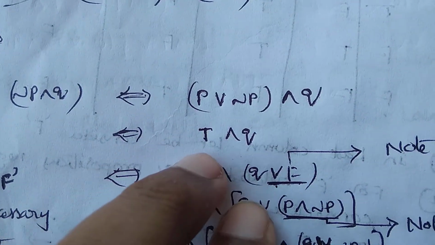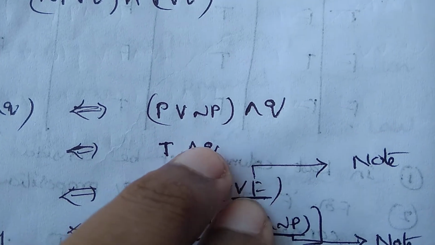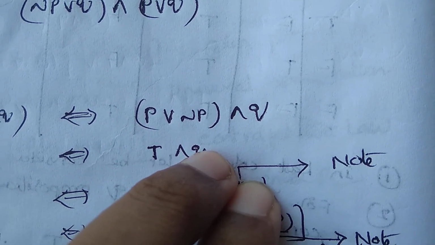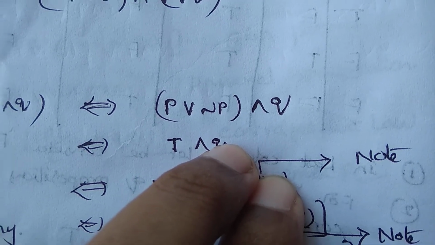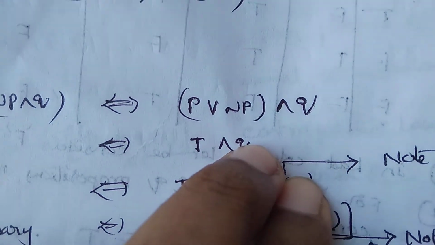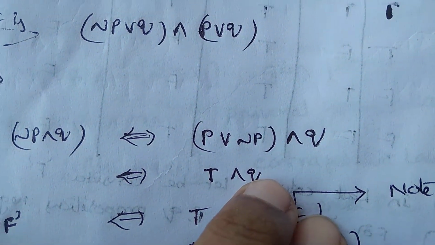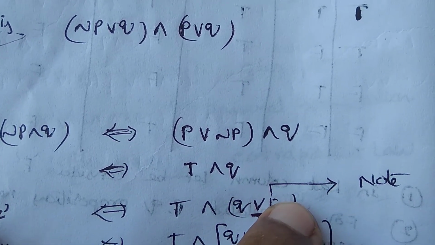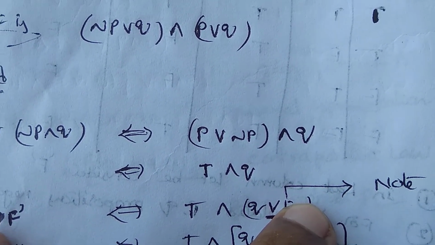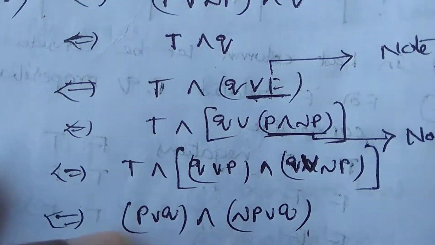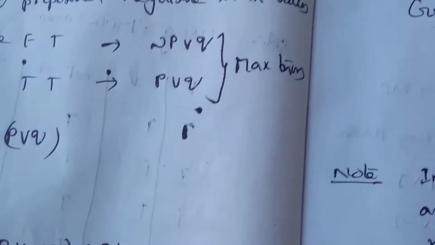Whenever you have a single proposition, to get the second proposition you write Q or F, and in place of F again another statement with its negation, with the AND symbol. Like that you can get this PCNF.